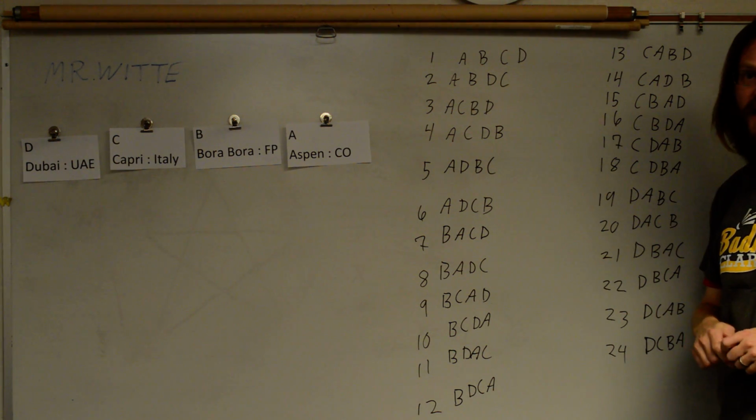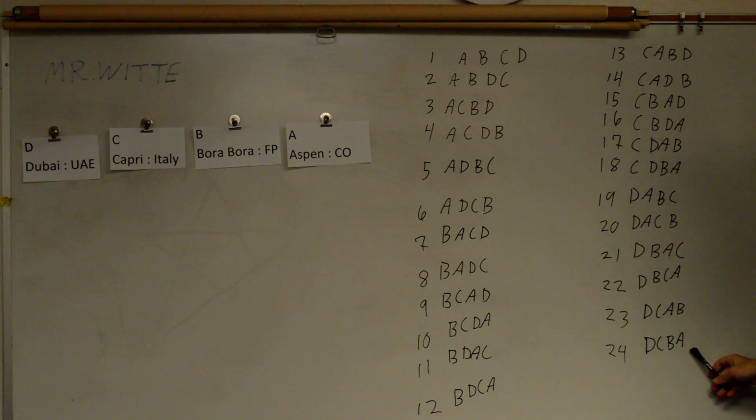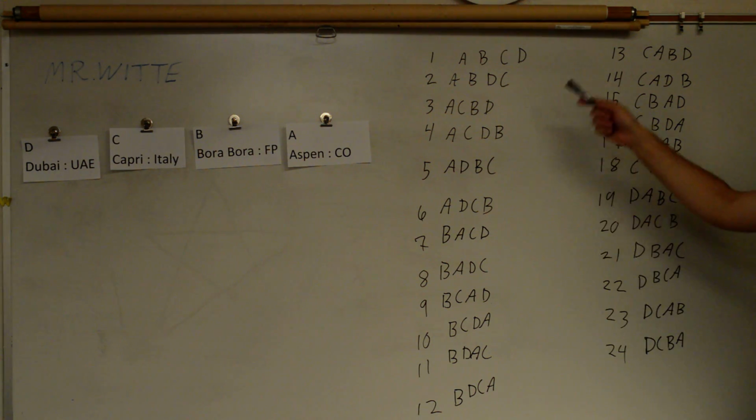That's always going to happen when you do your permutations. Your first one and last one are going to be exact opposites. And in fact, you should notice a pattern going around here that every one of these should have an opposite over here somewhere.